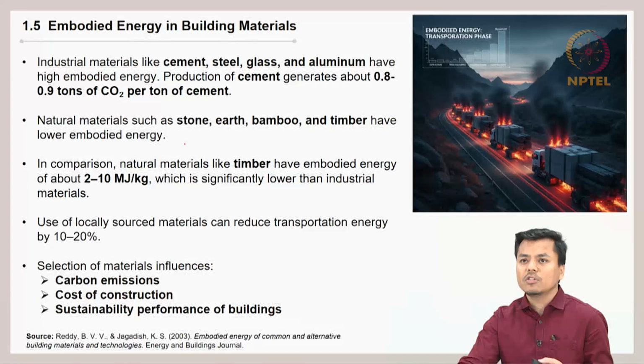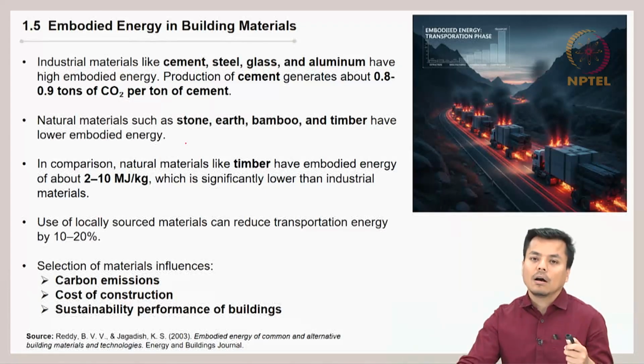Embodied energy in building materials: almost all industrial materials like cement, steel, glass, aluminium have high embodied energy. For example, in the case of cement, it generates about 0.8 to 0.9 tons of carbon dioxide during the manufacturing of every ton of cement.